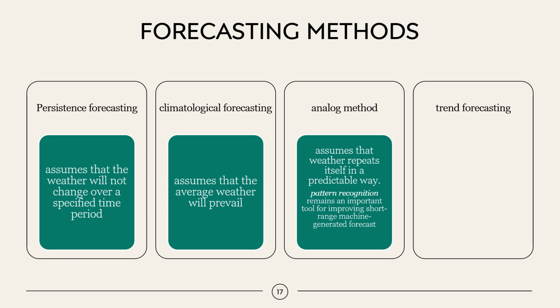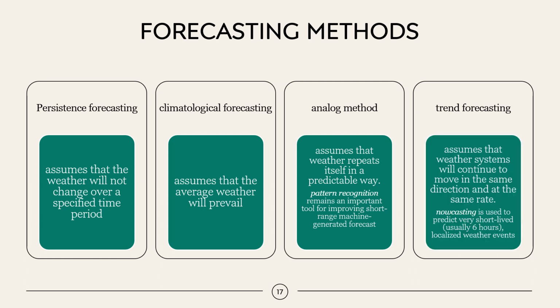And the next one is what we call trend forecasting. So this assumes that weather systems will continue to move in the same direction and at the same rate.